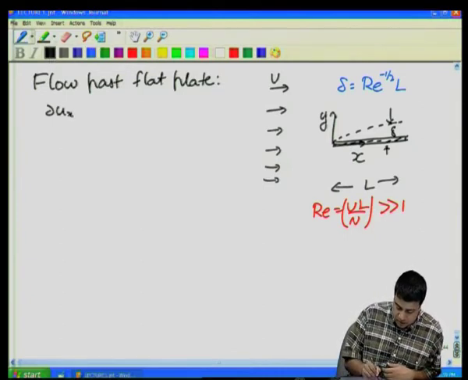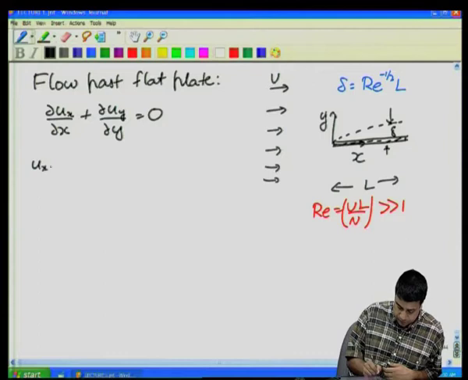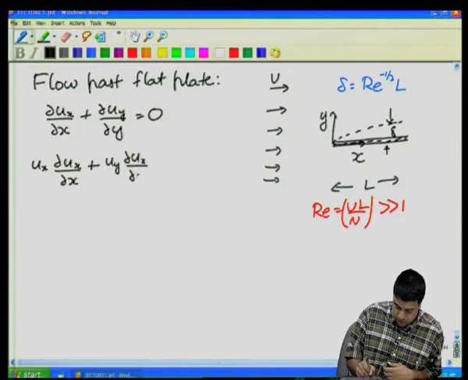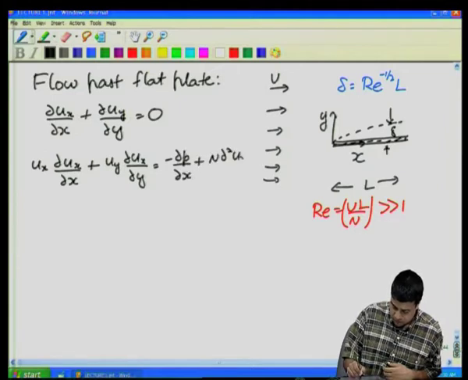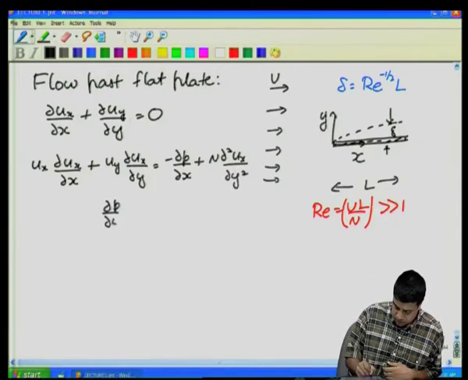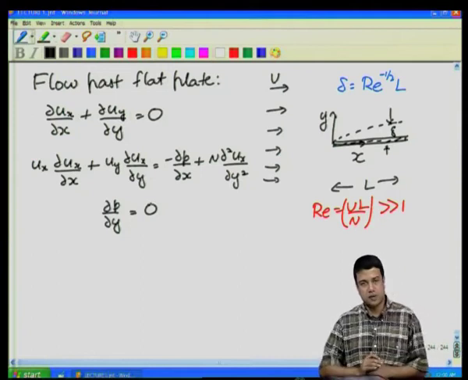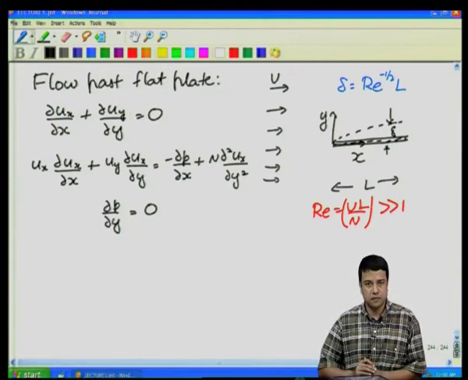conservation equations become partial u x by partial x plus partial u y by partial y. Okay, so, these are called the boundary layer equations for the flow past any surface.